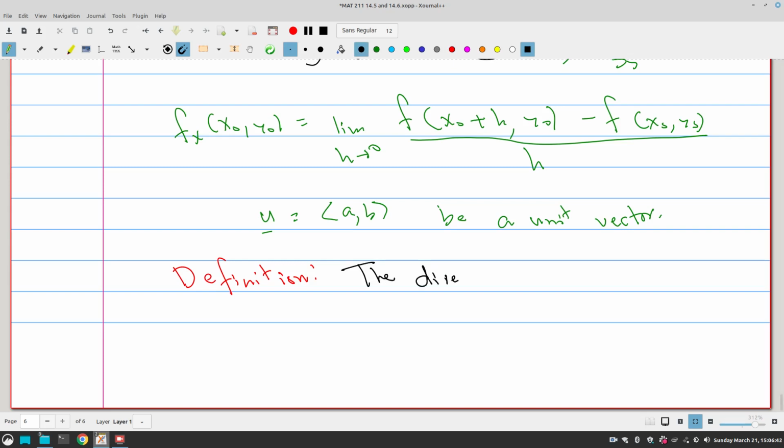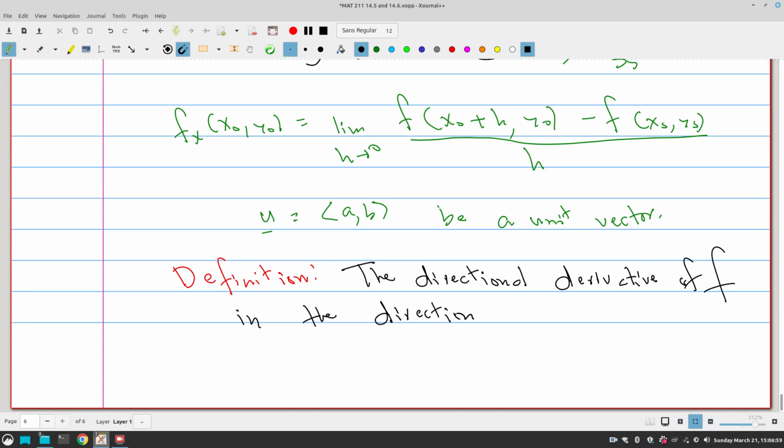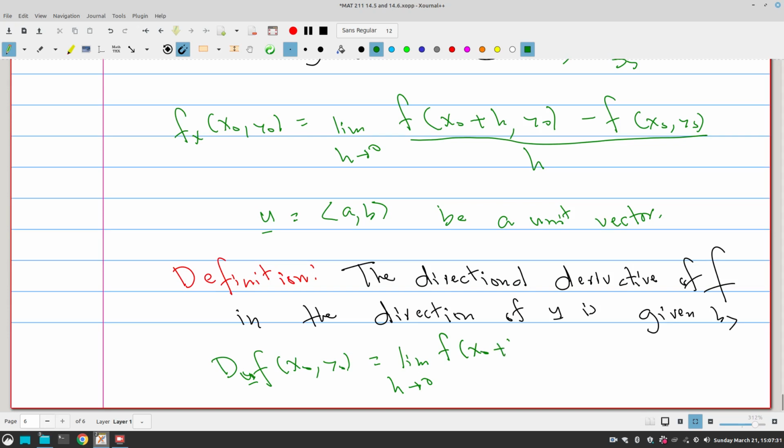The directional derivative of f in the direction of u is given by D sub u of f at x naught y naught equals the limit as h goes to 0, right, of f of x0 plus ha.